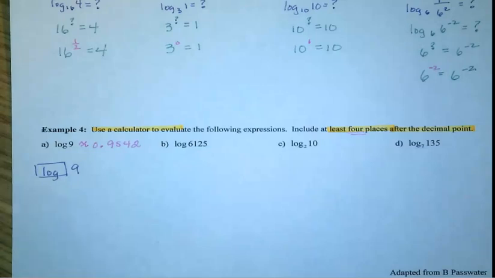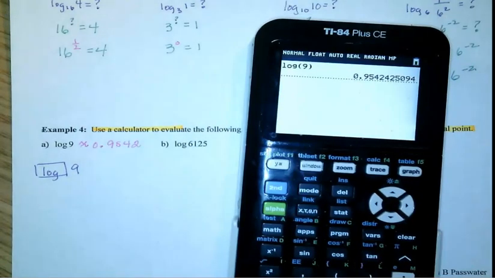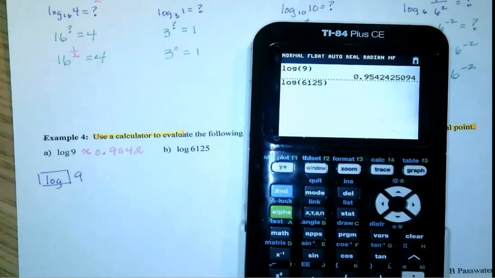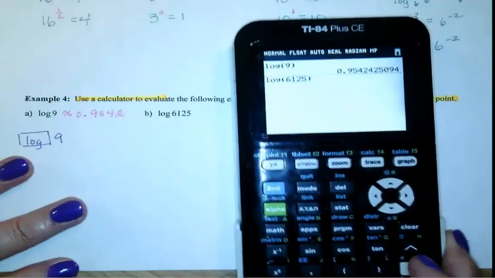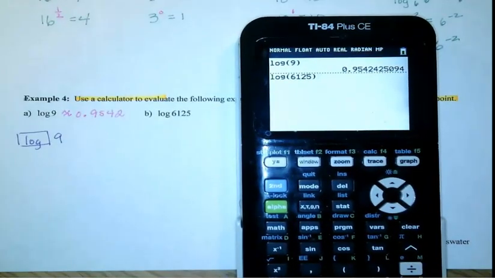So let's go ahead and do the next one. So we're going to press the log button, and then we're going to press in 6125. If there's nothing behind it, you can leave it open. I typically just am in the habit of closing it just because I don't want to mess up when I need to. And so when we hit enter, then we can see we have 3.787106093.